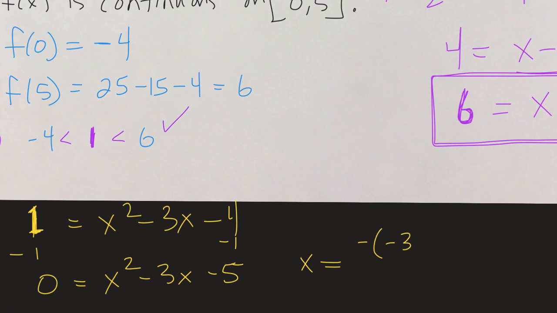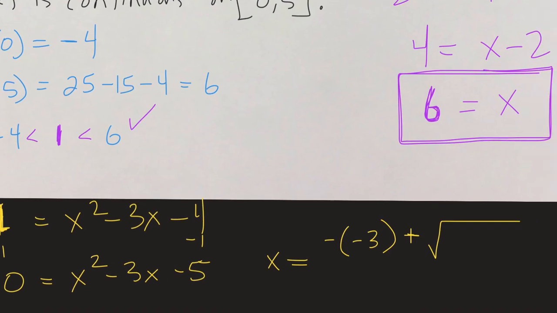This is not a factorable quadratic, which means we have to use our fantastically fun quadratic formula. So the negative of b, our b value is -3, plus and minus. No, we only want the plus side because we want between 0 and 5. If you do the minus side, then you're probably going to get a negative number, and that's not in your answer interval.